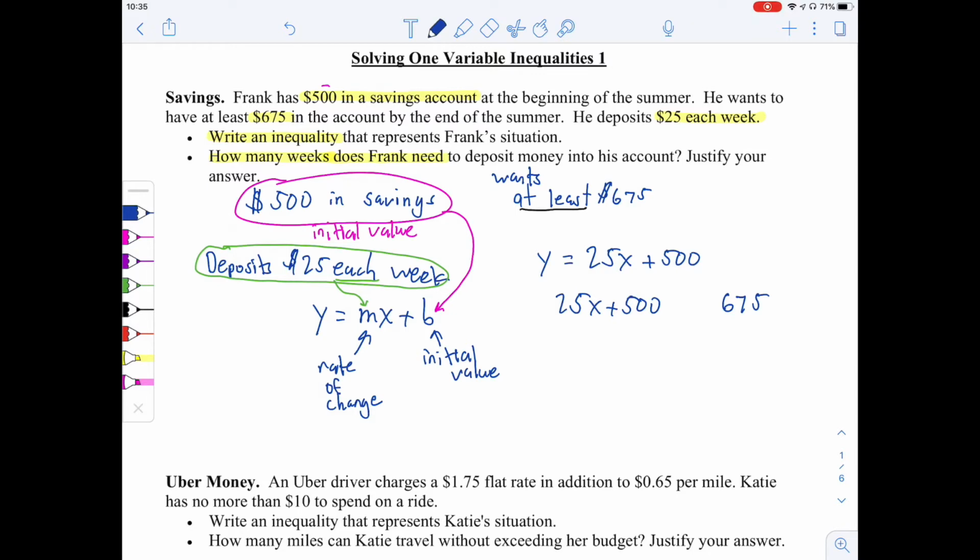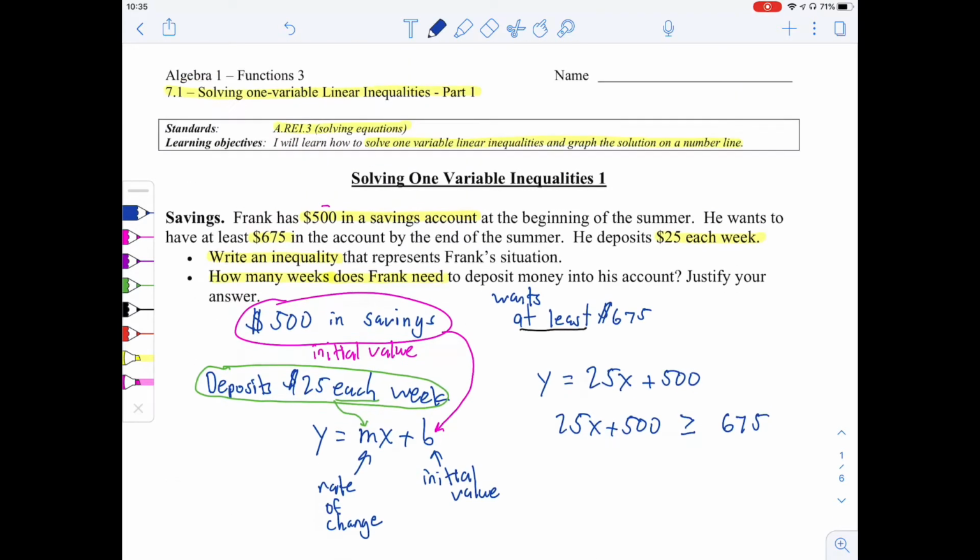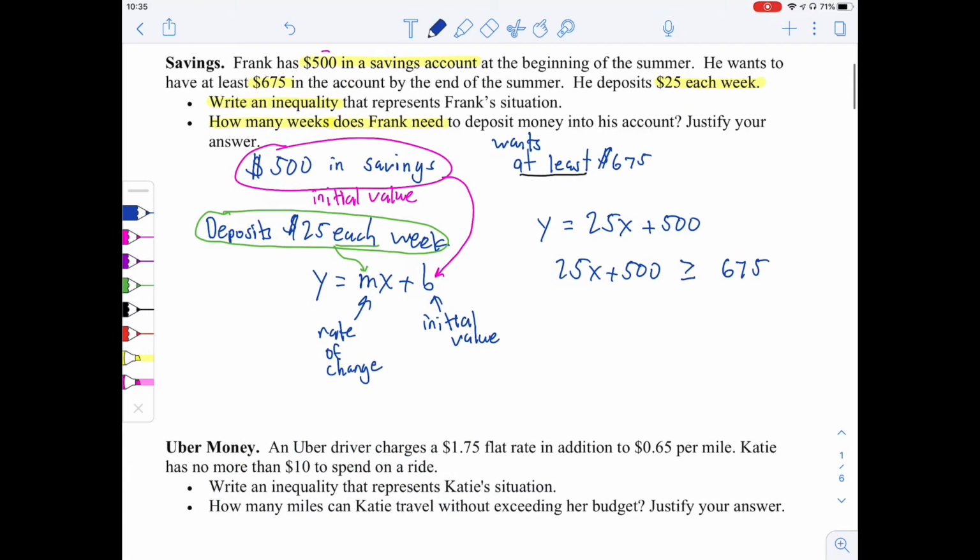That's going to be greater than or equal to, and that is your at least. So 25x plus 500 is greater than or equal to 675. That's the inequality we start with, because it's not always equal.